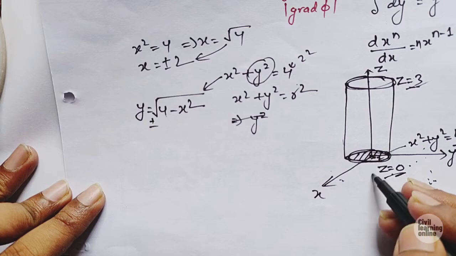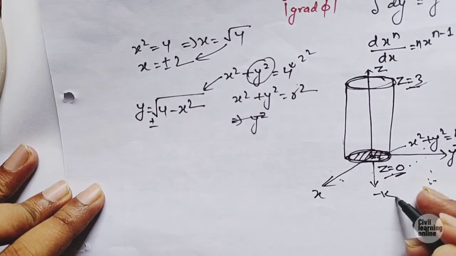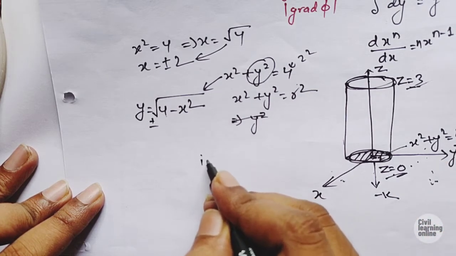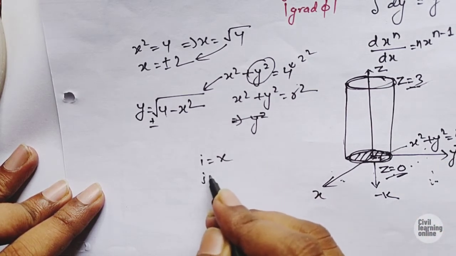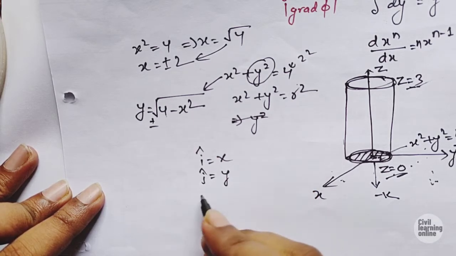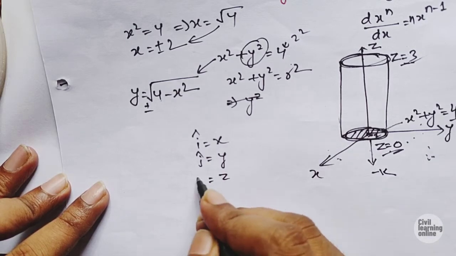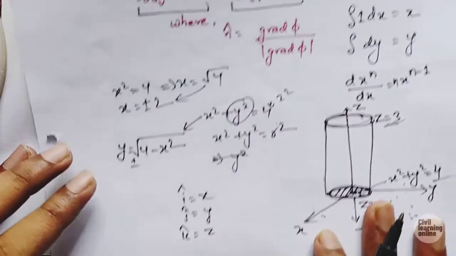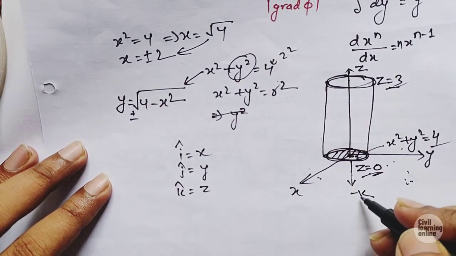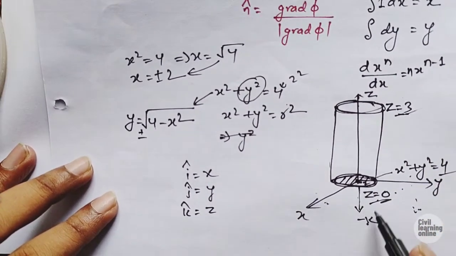Here i is for x, j is for y, and k is for z: these are the unit vectors along the x-axis, y-axis, and z-axis. From the origin, as we move down it is negative, and if we move up it is positive.